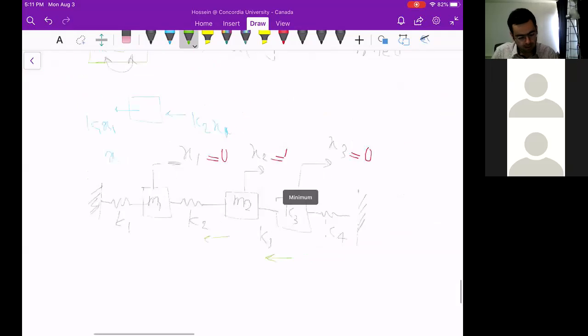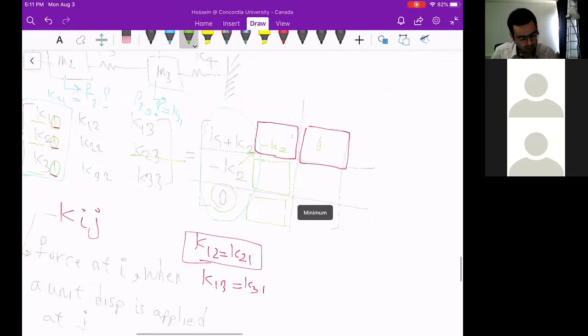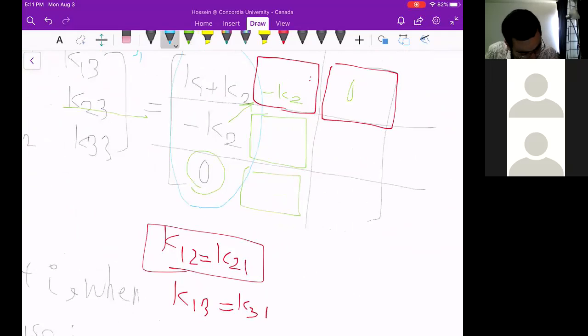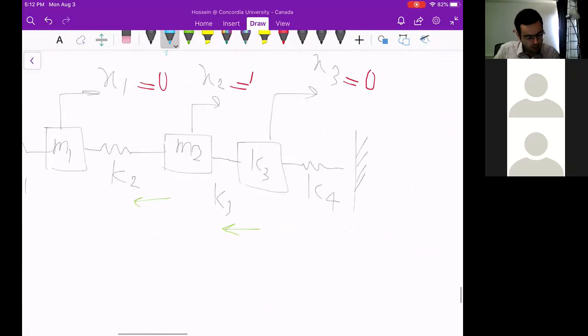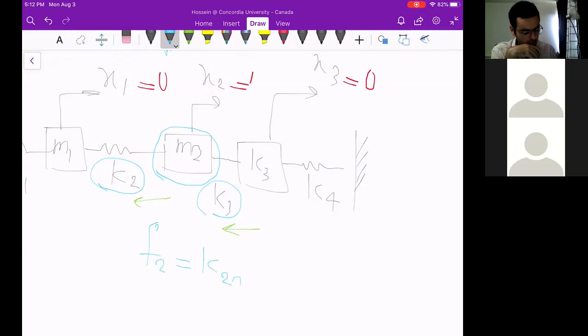So here you simply write K2 plus K3. If I displace the mass either to the right or left, K2 and K3 will oppose the motion. K2 plus K3 therefore would be the resultant force, which is called K22.